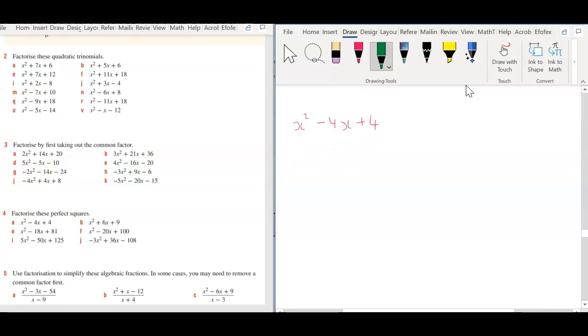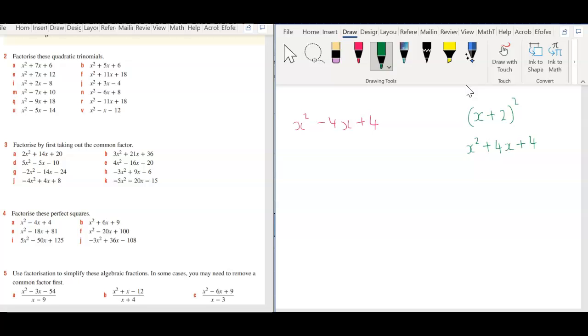Okay, so if we've got a perfect square, that just means, and I'll do this on the side, that you've got x plus something, so let's call it x plus 2 squared. So when we expand that, we're going to have x squared plus 4x plus 4.